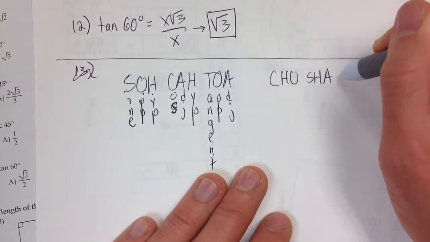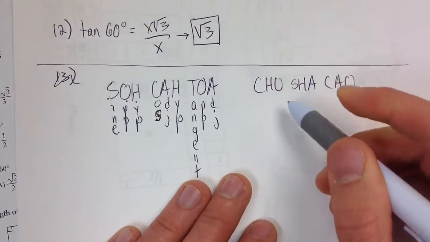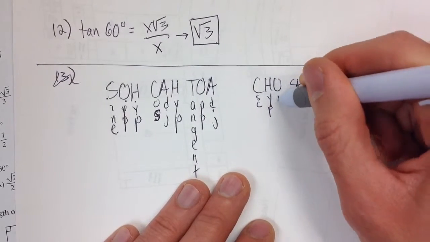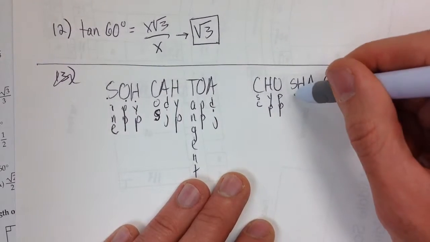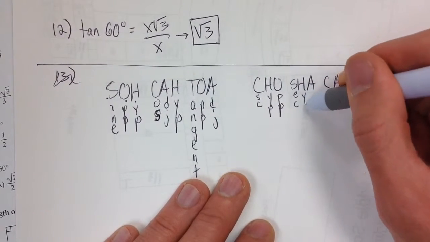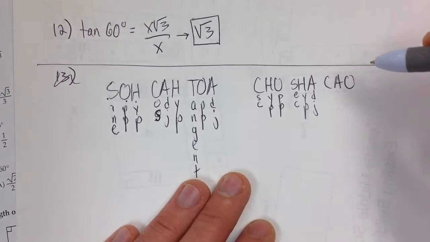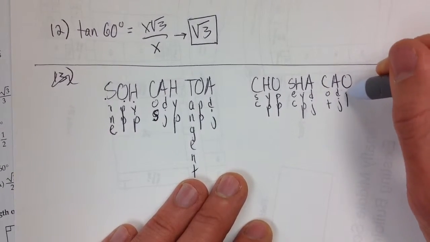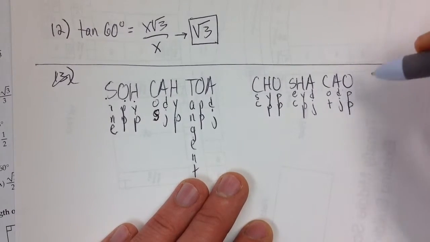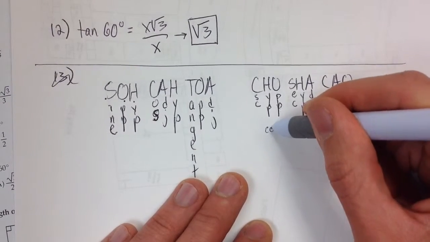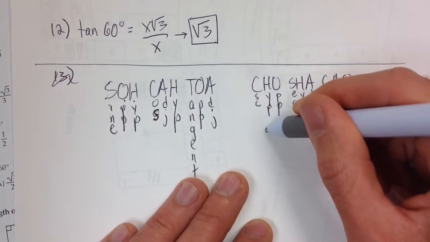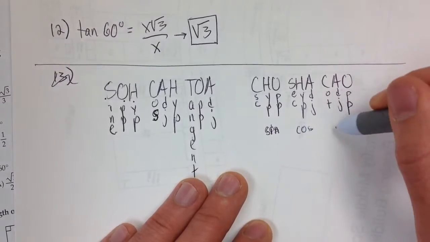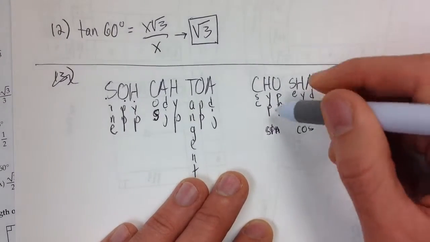These are the reciprocals. Cosecant is the ratio of hypotenuse to opposite in a right triangle. Secant is the ratio of hypotenuse to adjacent in a right triangle. Cotangent is the ratio of adjacent to opposite in a right triangle. Cosecant is sine's reciprocal, secant is cosine's reciprocal, and cotangent is tangent's reciprocal.